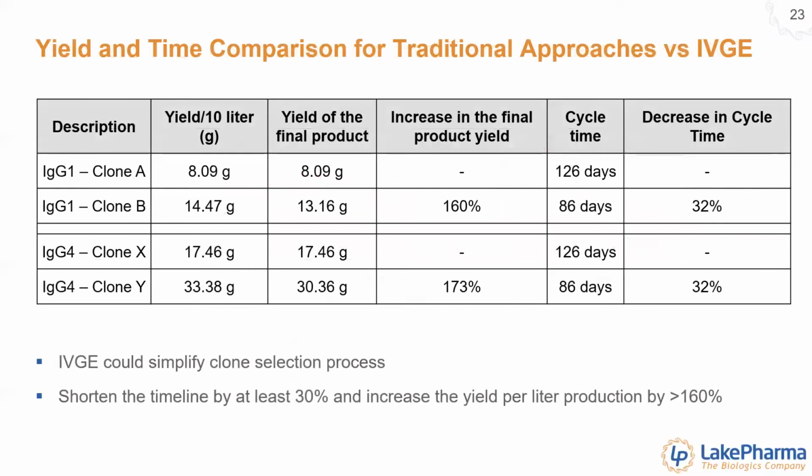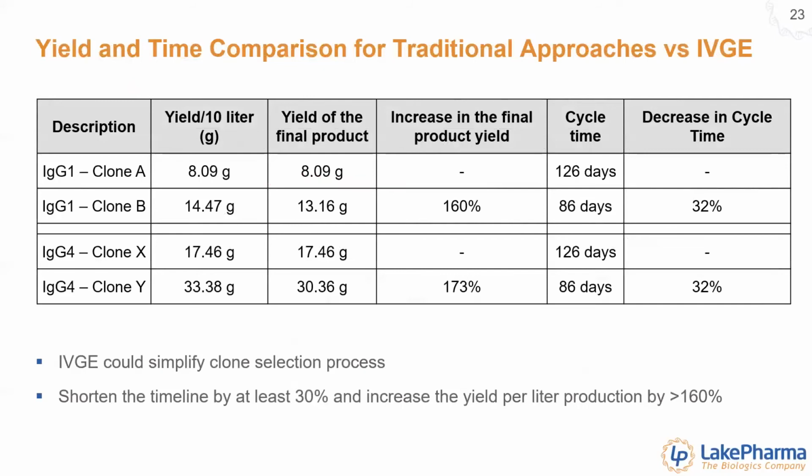Slide number 23 is the yield and time comparison of the 2 clones for G1 and the 2 clones for G4. We went through this calculation, and we believe that the IVG technology, allowing us to focus on clone selection using titer and yield as the main parameter, we could actually easily get to clones with a higher yield of the final product.